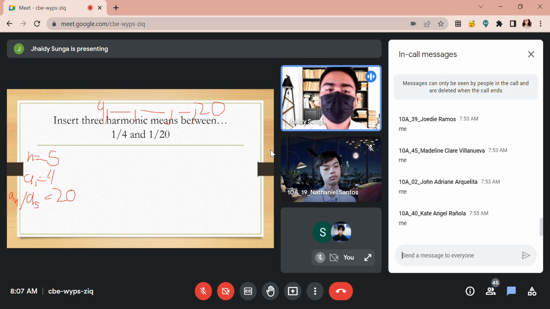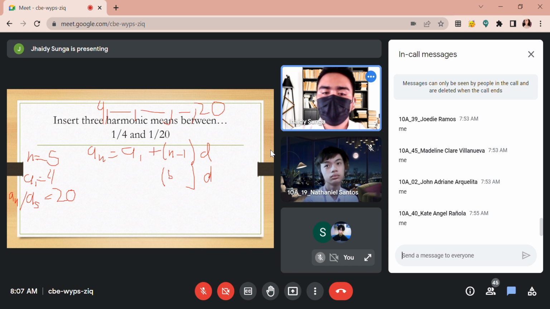So what are we going to do here? We get the formula. What's our formula? A sub n is equal to a sub 1 plus n minus 1 times d. All right, so what is our d? We don't have it yet, so we will just input d. Then what is our n? Our n is 5, right? 5 minus 1, so it will become 4 later.